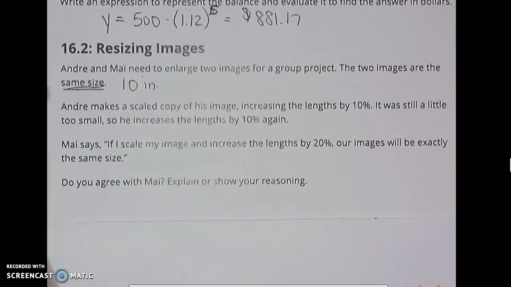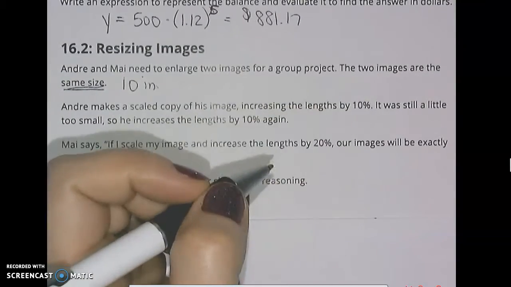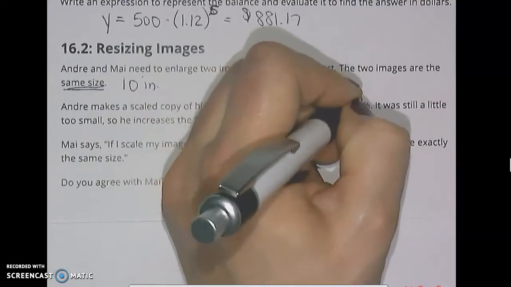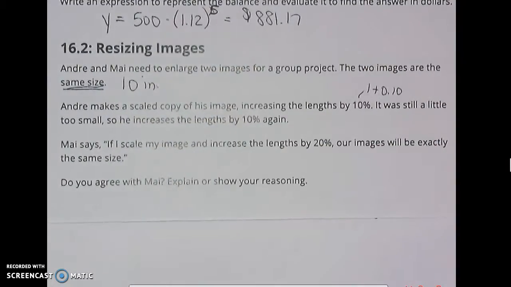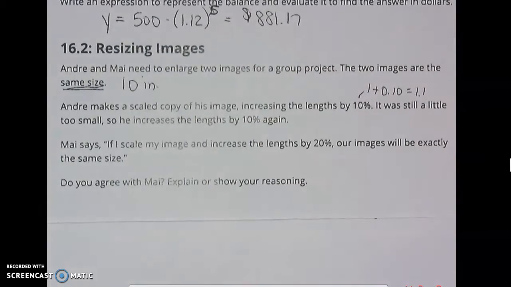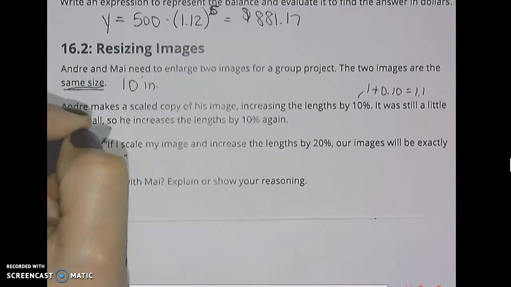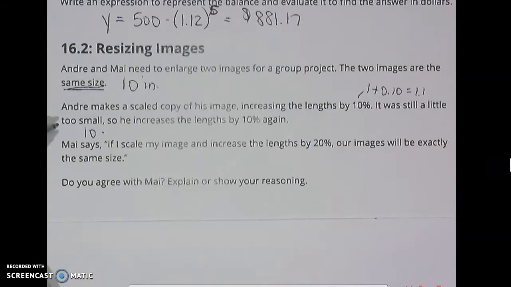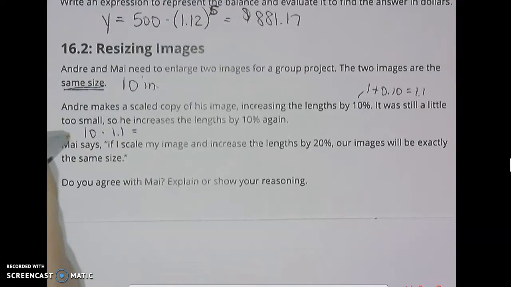So for Andre, if he's got 10%, we would be taking 1 plus 10% as a decimal, so that'll be 1.1. If we're starting with that 10 inches, the first increase that he did, we would multiply it by 1.1 and get 11.